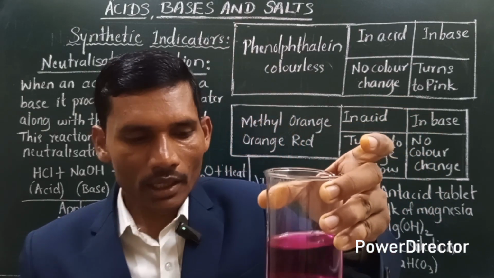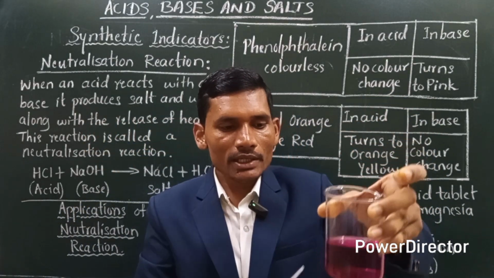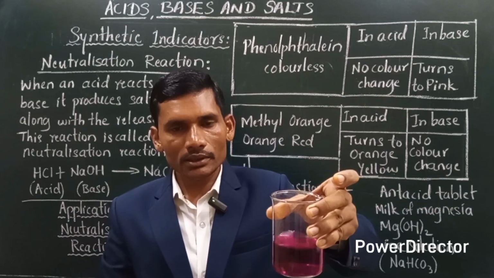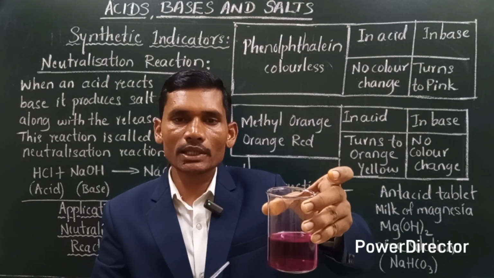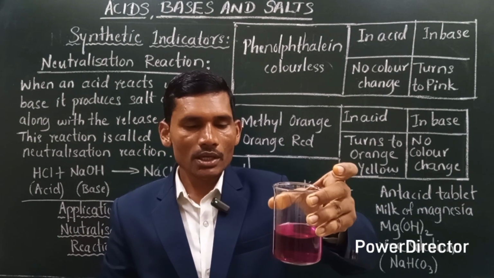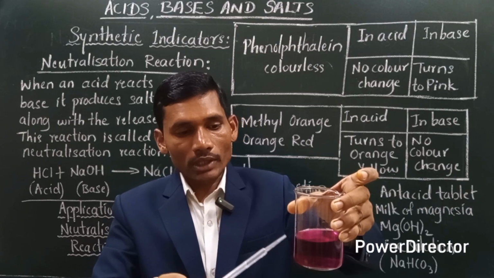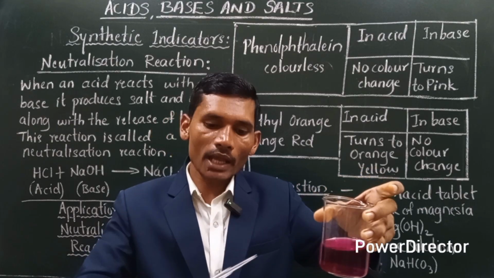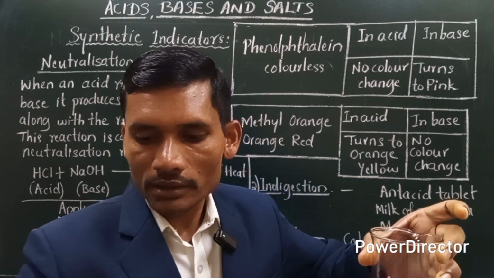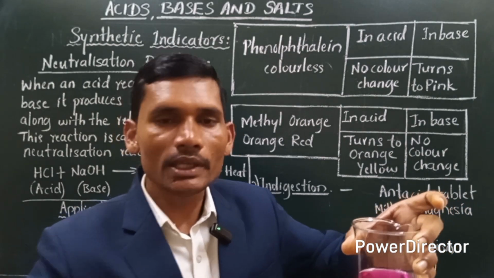So here, if the medium is acidic, it is not giving any color. If it is basic, it is giving pink color. Both acid and base are reacting with each other and nullifying the effect of each other.